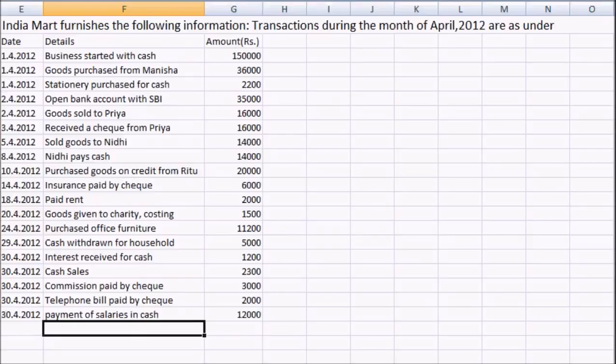Next transaction is purchased goods on credit from Ritu. Now there are two accounts in this transaction. One is purchase account, and as purchase of goods increases the stock, it would be debited, and as we already know that there are only two accounts in this transaction and we know the debit account, the Ritu account must be credited.